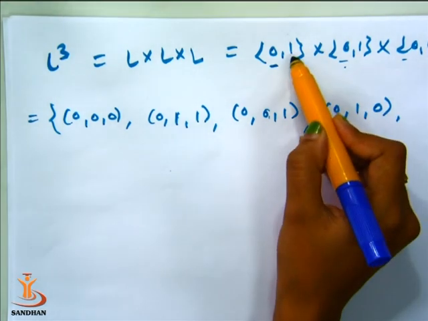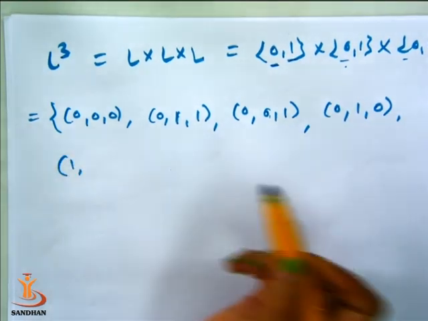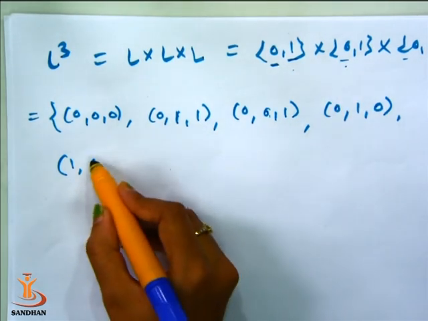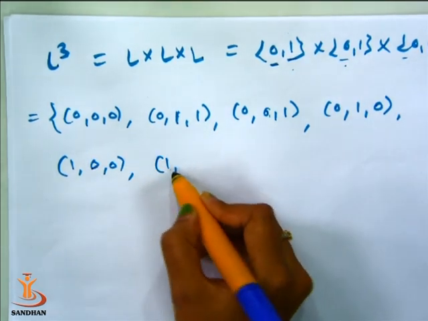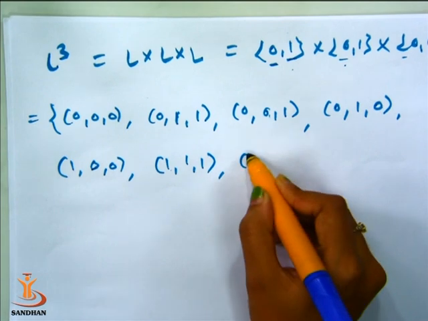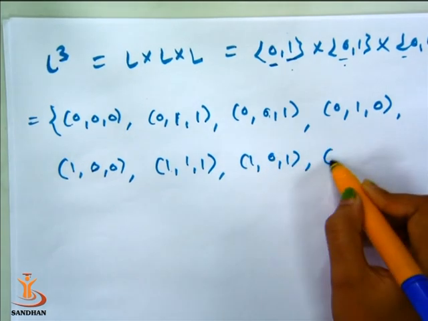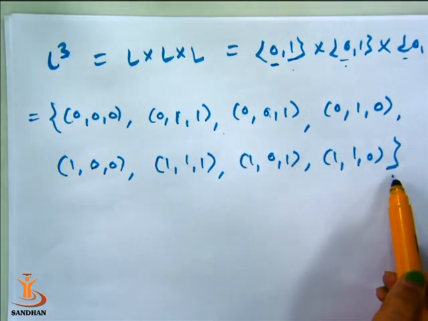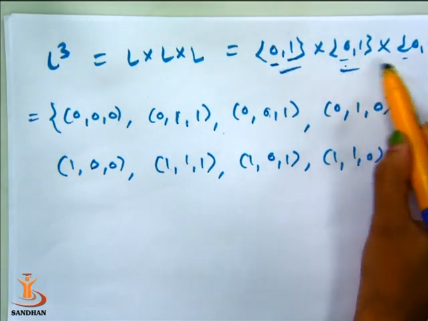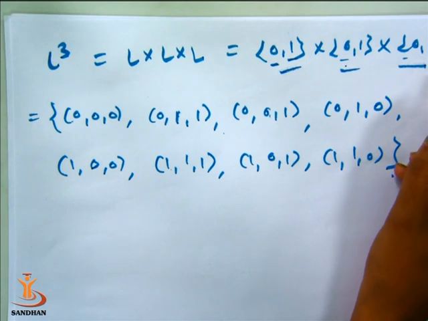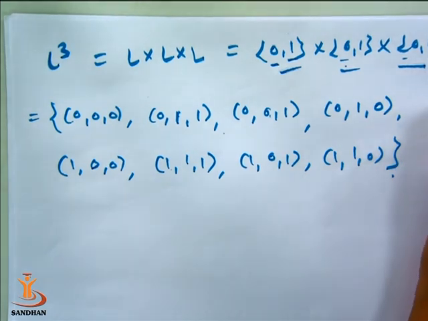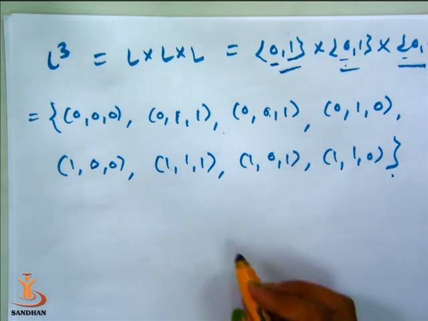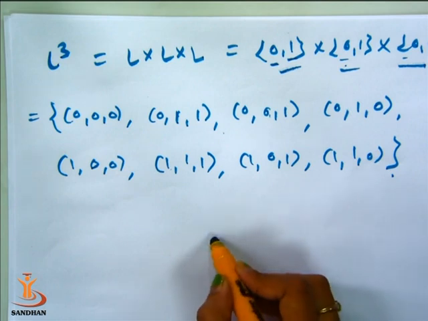Next restrict the first element to 1: the elements are 1 with (0, 0), then 1 with (1, 1), then 1 with (0, 1), and 1 with (1, 0). So we have a total of 8 elements here, because we have {0, 1} three times, that is 2 raised to 3. In the same manner we can draw the Hasse diagram by joining them.